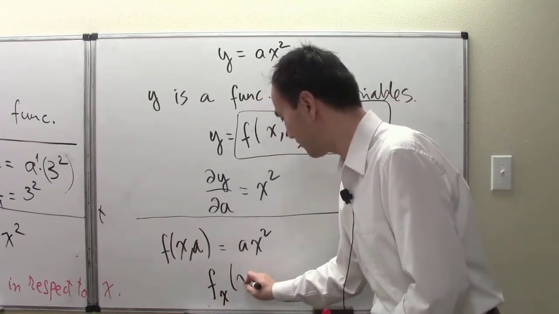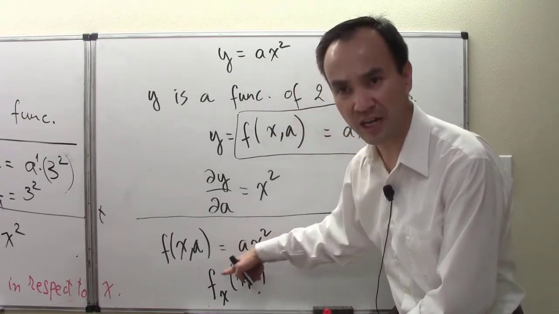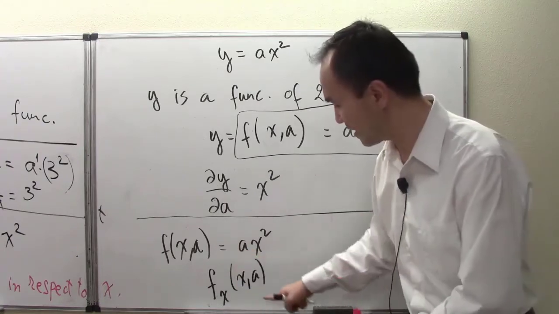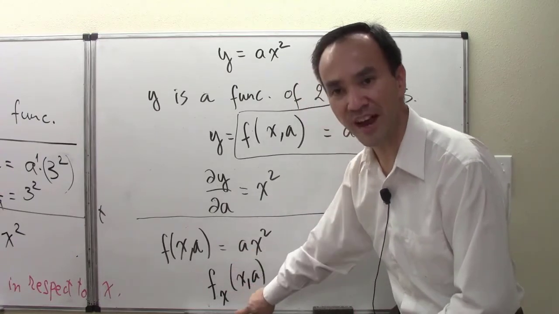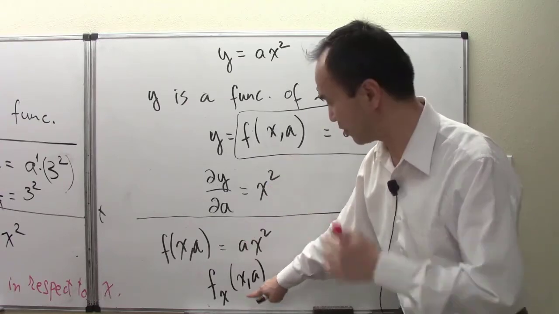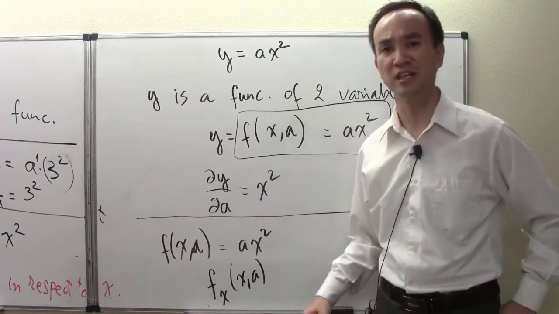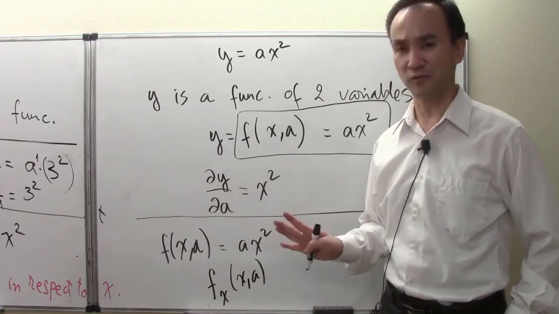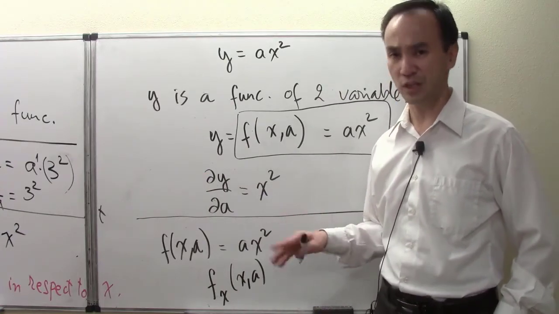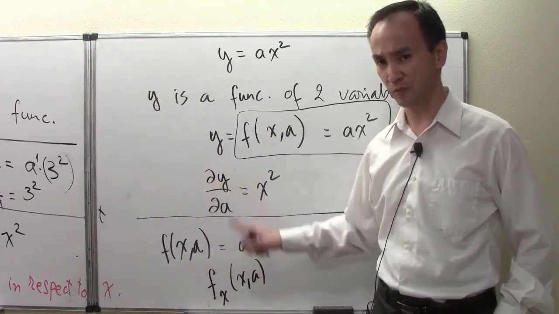Having the input indication or not is not too important. But when you see f with a subscript x, that's another notation and quite commonly used as well. I cannot really say which of the two is more commonly used than the other. They're both commonly used, so be ready to use and understand these two symbols interchangeably.